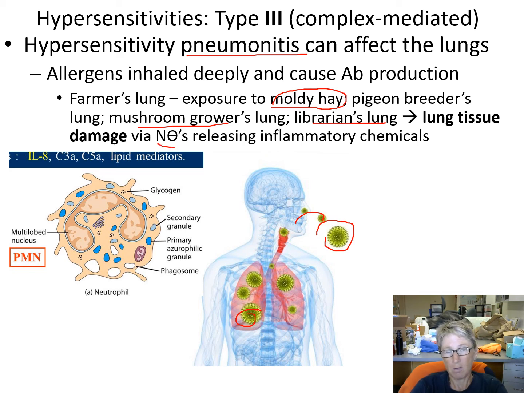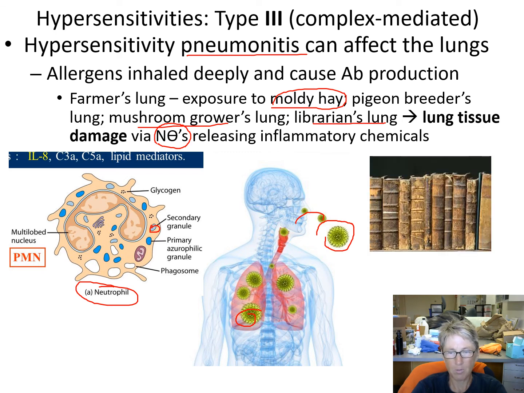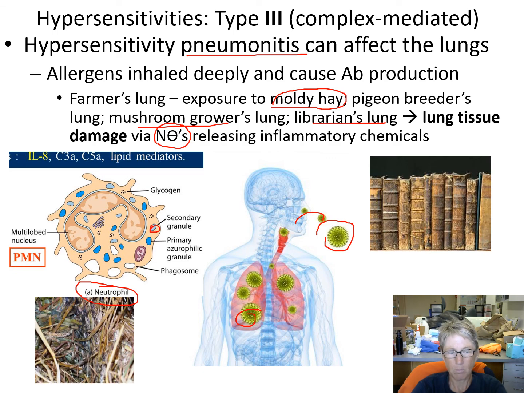So you get basically neutrophils releasing inflammatory chemicals. So here's a neutrophil, here's the granules in there, releases inflammatory chemicals, and you get these hypersensitivity reactions. Oh, there's the old books. Oh, there's the moldy hay.